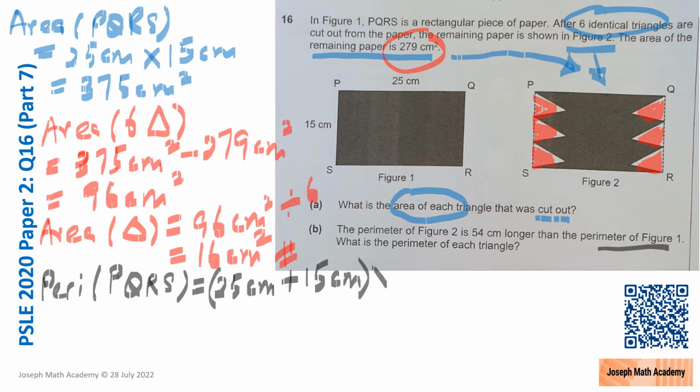So I do a shortcut, I just multiply by 2 and I got 80. So 80 cm is the perimeter of figure 1, which is PQRS.